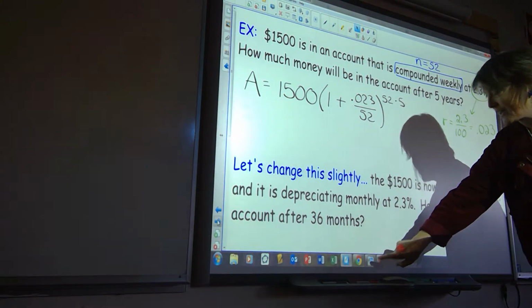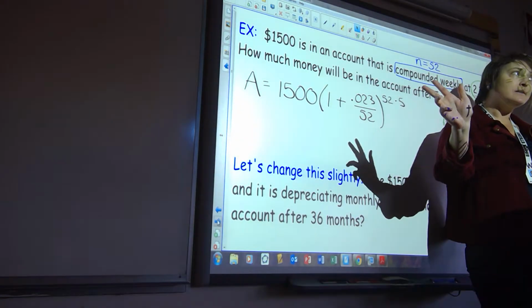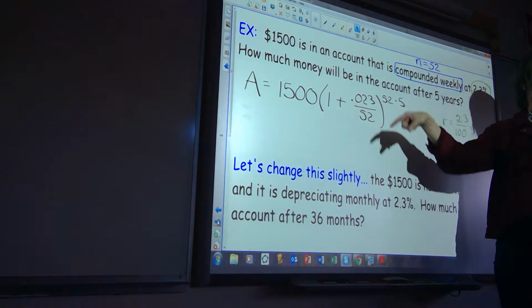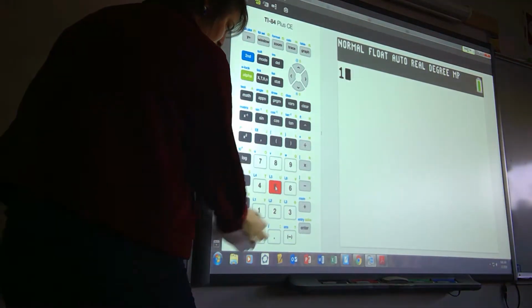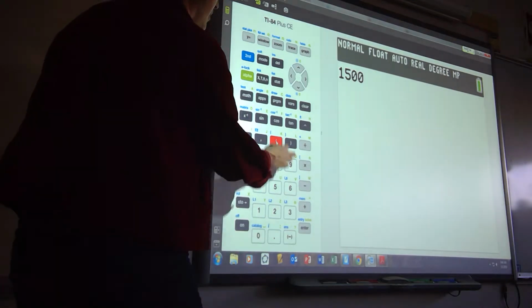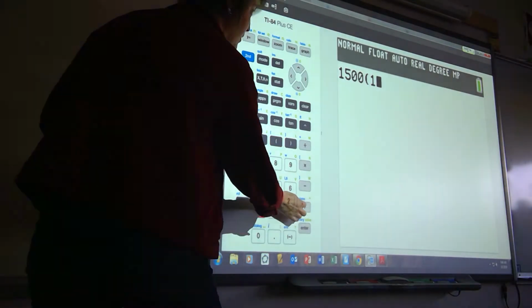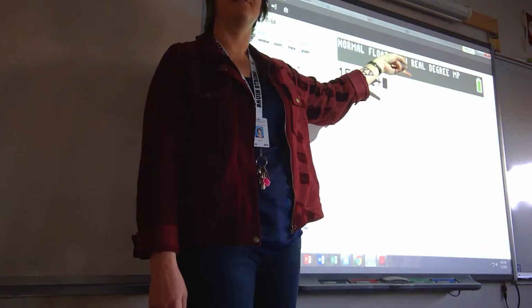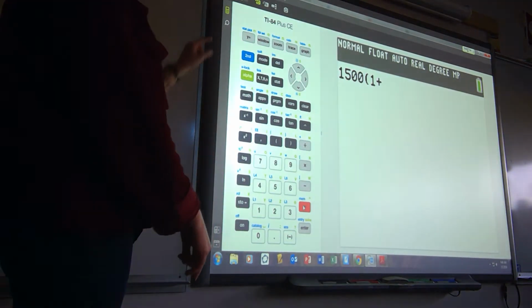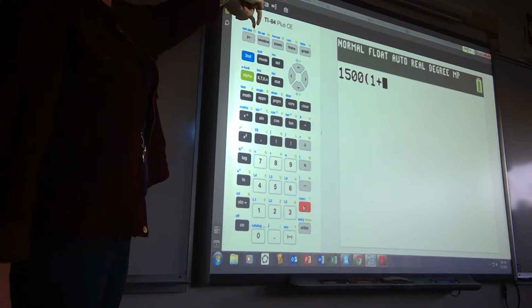I do want to show you on the calculator, if you have one of the newer ones, you can actually put in this fraction like this. So I want to remind you where that is. All right, so we had 1,500 parentheses 1 plus. If I want to put in a fraction, which makes this problem significantly easier, this is under F1.